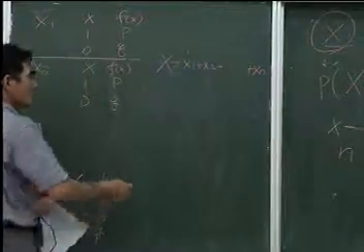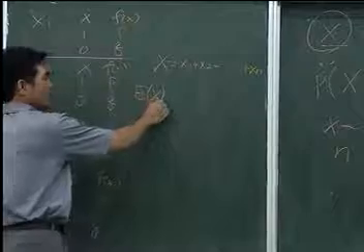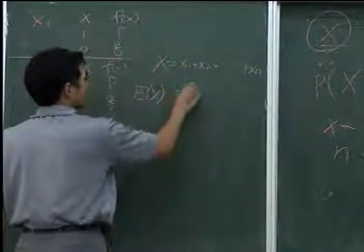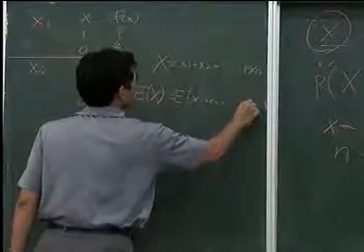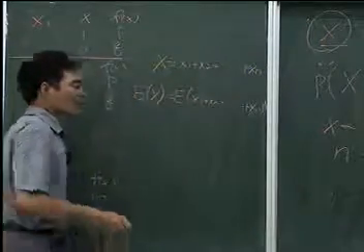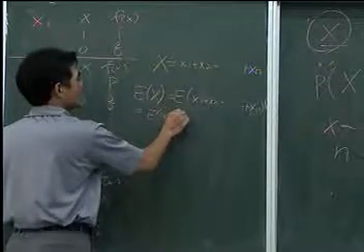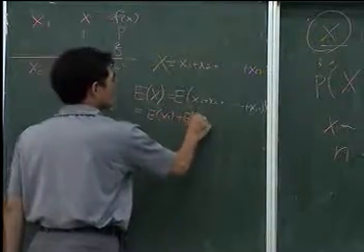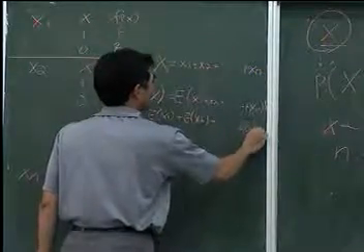Then what is the expectation of x? The expectation of x is equal to the expectation of x1 plus x2 plus xn, which is the expectation of x1 plus the expectation of x2 plus the expectation of xn.